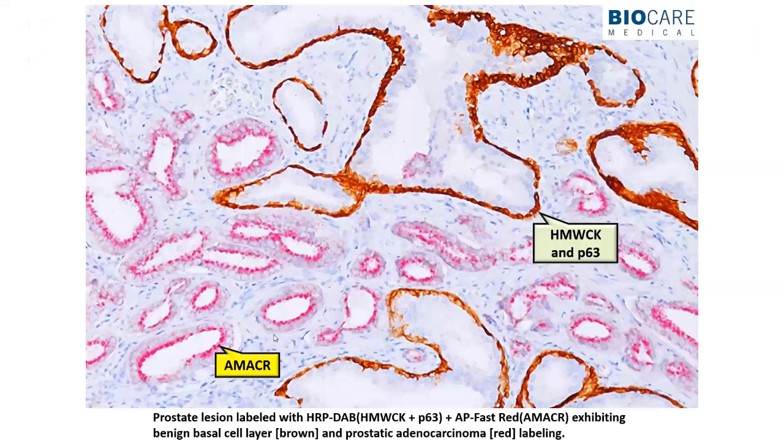Now, in this particular illustration, it highlights almost everything that is to be known about this particular marker. As you can see, there are benign glands over here, which are nicely picked out with the outline of the basal cell layer in brown, while these glands don't express AMACR. On the other hand, you have got this infiltrative acinar adenocarcinoma of pattern 3 mostly, which lack the basal cell layer. As you can see, there's no brown around the glands, but at the same time, there's a strong cytoplasmic expression of AMACR, which is basically labeled out with fast red, which is why they have picked up the red color in the cytoplasm.